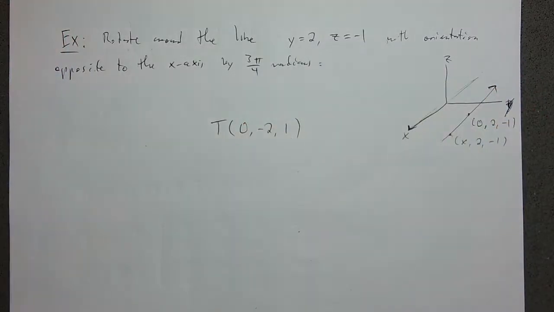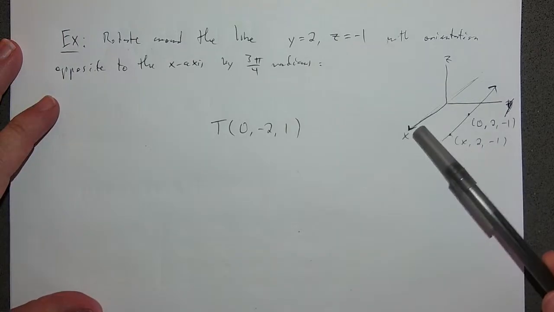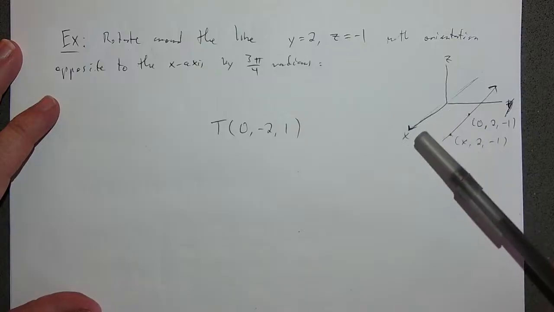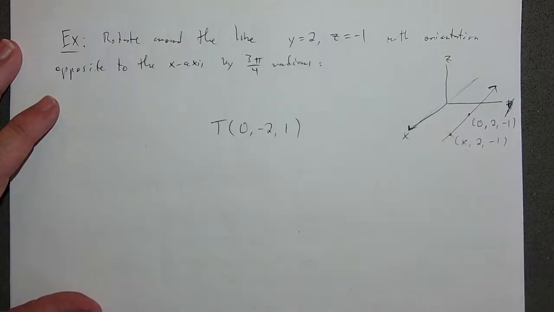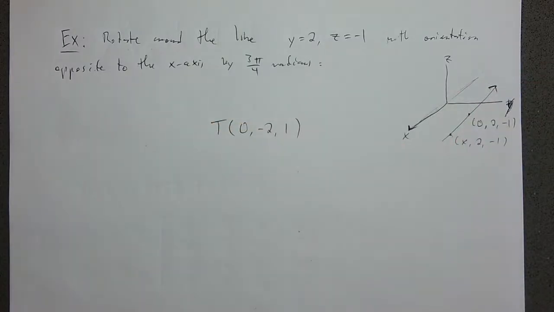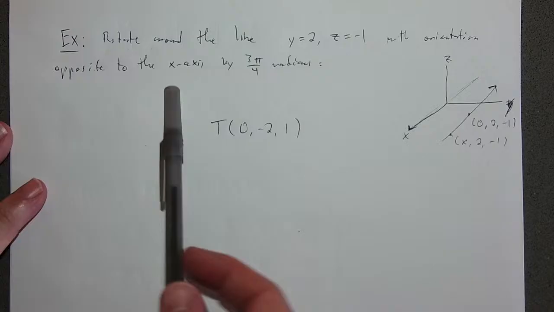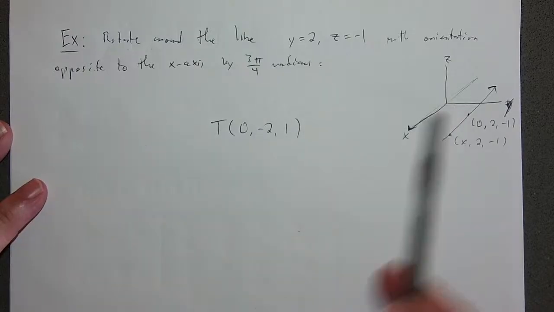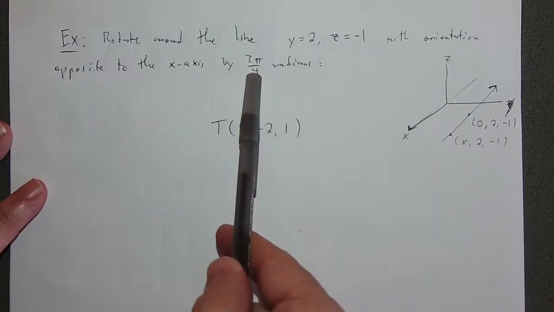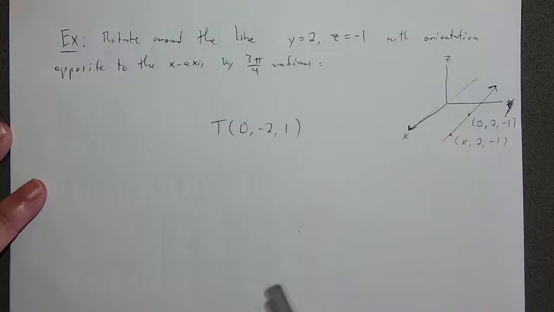Okay. Well, now that we're there, we need to do a rotation, but we're not rotating in the way we would be rotating if we took this orientation on the x-axis. We're doing it in the opposite direction. Well, how can I do that? Instead of rotating in the way of the positive x-axis by 3 pi over 4 radians, I would rotate in the way of the positive x-axis by minus 3 pi over 4 radians.